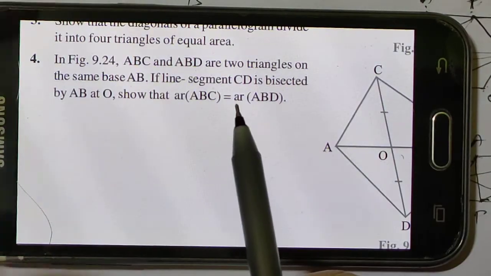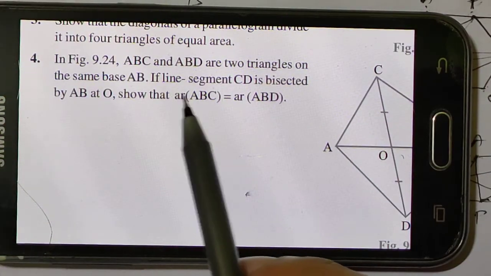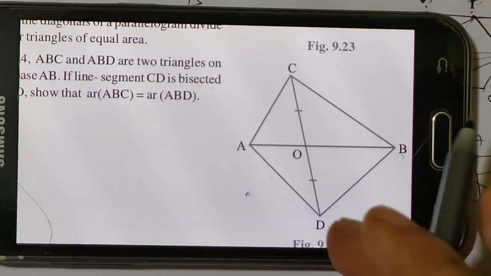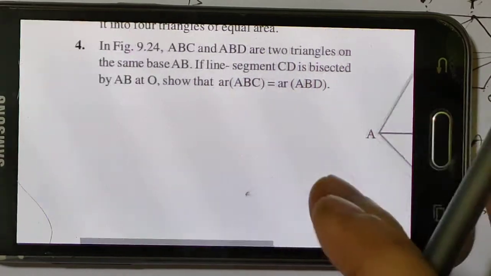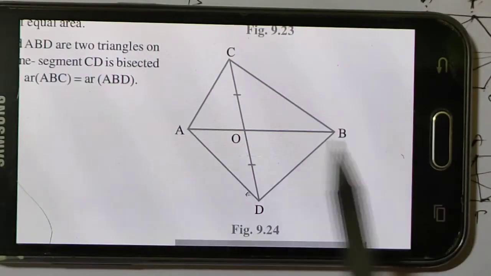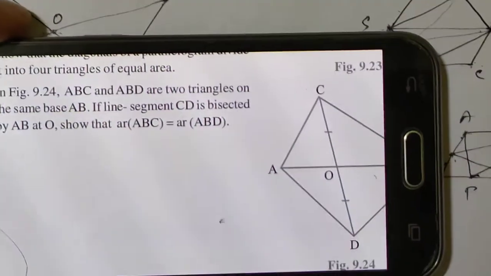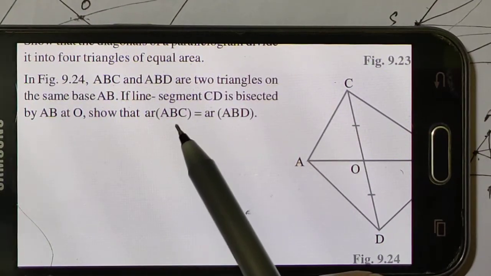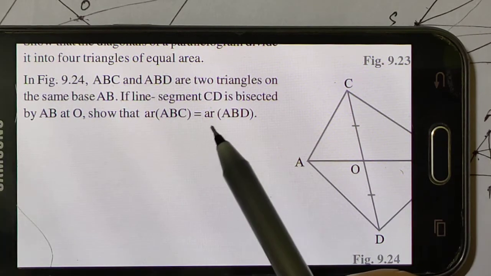Now the question is saying, the line segment CD is bisected by AB at O. Now we need to show that the area of triangle ABC is equal to the area of triangle ABD.